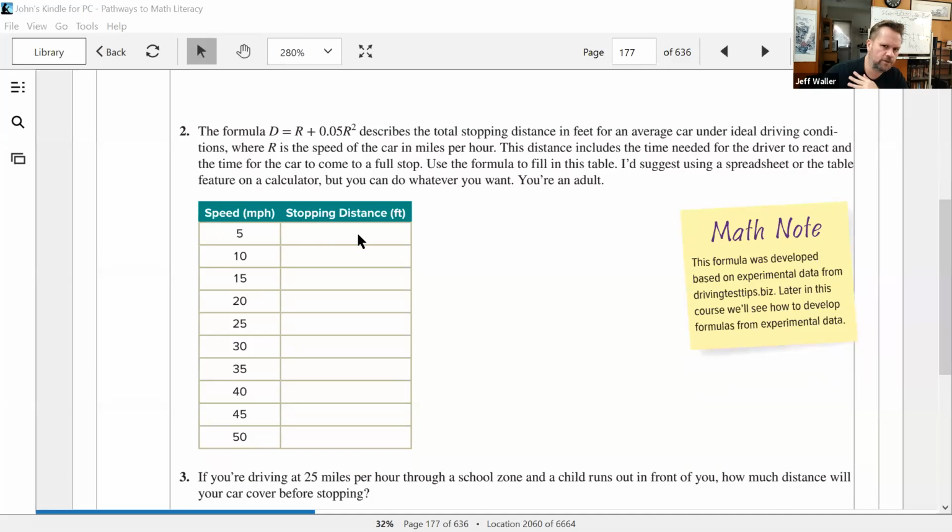So in this first row, what is it they tell me? At 5 miles per hour, you stop at. Well, we don't know that yet. So the first row, all it tells me is that 5 is the speed and the speed is R. So I would put 5 in for R. Same thing we just did a minute ago.